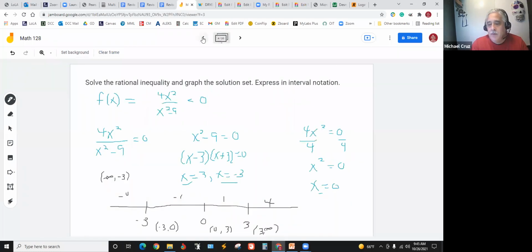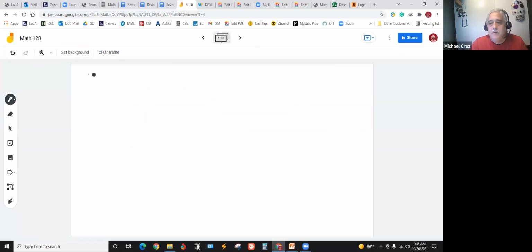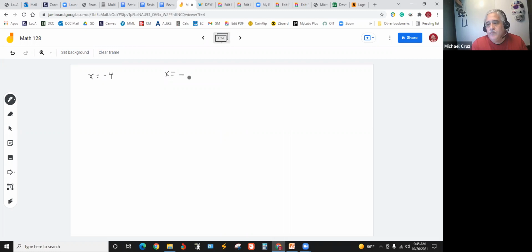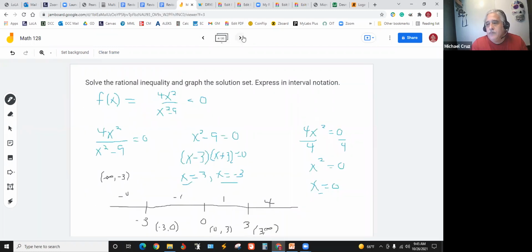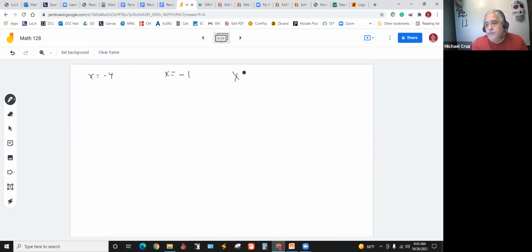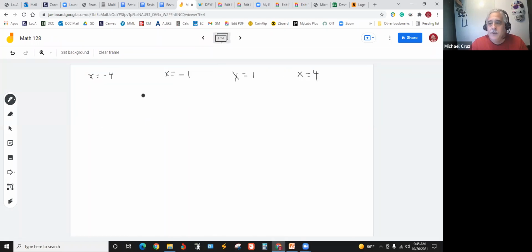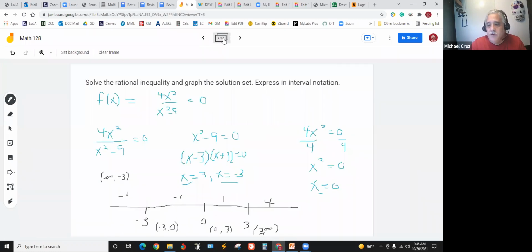All right, so we need a new page. Let's say we want x is equal to -4. Let's just check everything back in the original, and we'll just do it as a function.